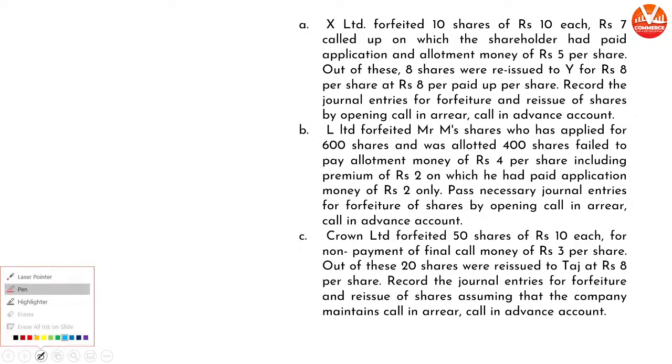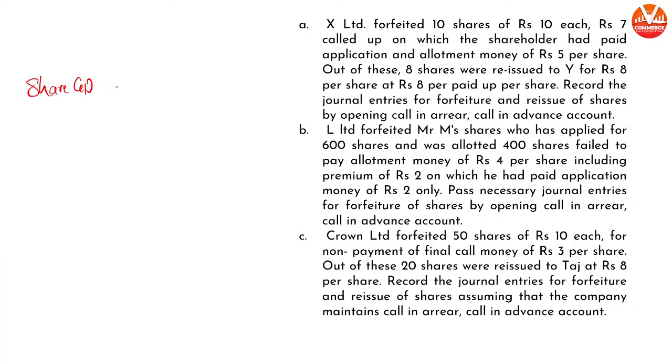Now we will pass the journal entry. Share capital debit 400 shares multiplied by called up amount, it is 4 rupees. Then securities premium reserve account debit, because with allotment he is also not paying us a premium of 2 rupees.